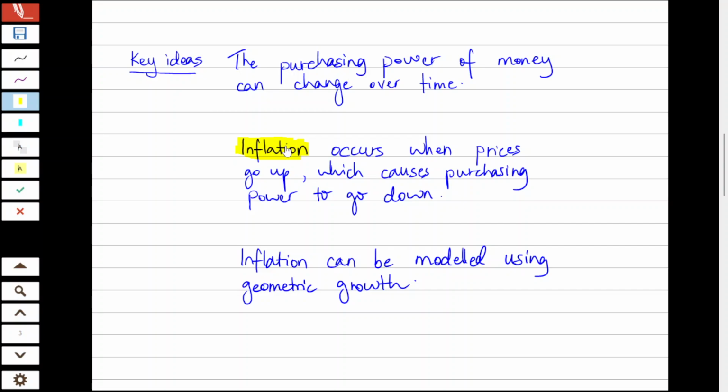What's going to happen is that $100 is not going to be able to buy you the same stuff that you could buy today for $100. And the reason for that is prices tend to go up. And the term that's used for this in business and economics is inflation. So I'm not going to talk about what causes inflation, but we just need to know that it's a thing, and that as prices go up, we can buy less with the same amount of money.